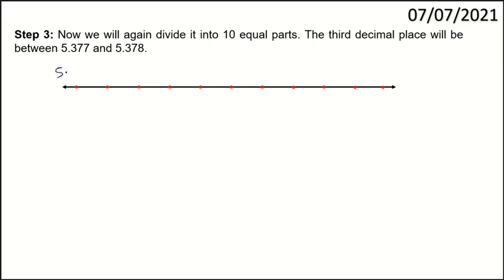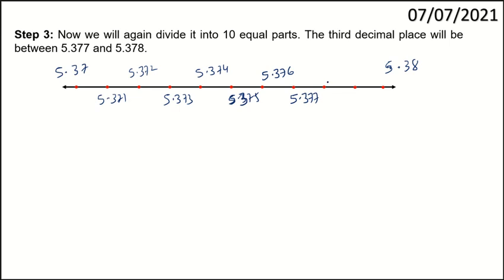Here is the 5.37, here is the 5.38, further it is divided into 5.371, 5.372, 5.373, 5.374, 5.375, 5.376, 5.377 and this is 5.378, this is 5.379.